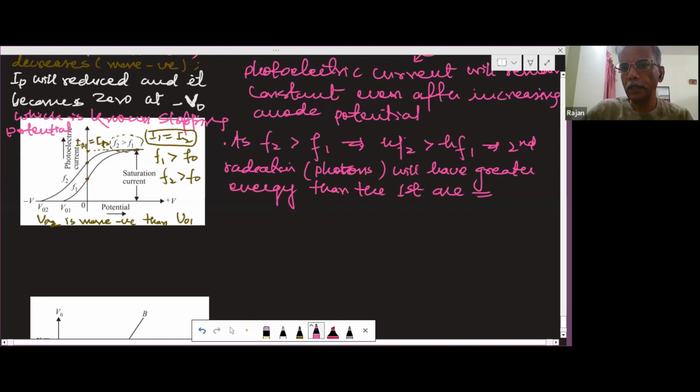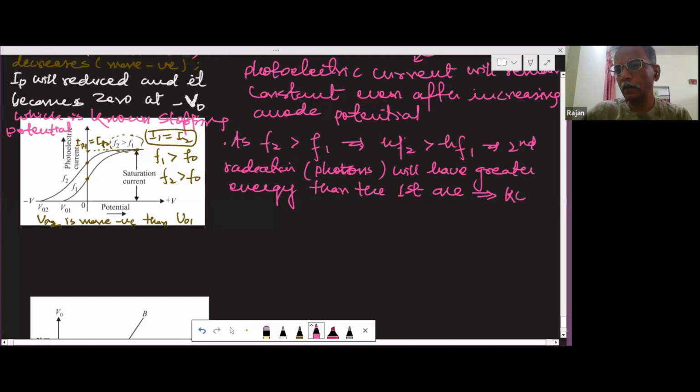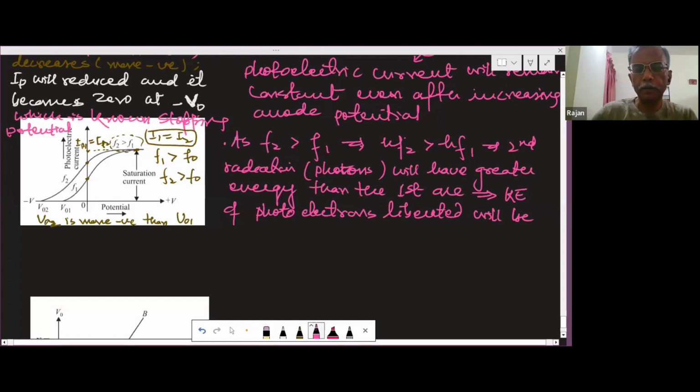If it is so, we can say that the kinetic energy of the photoelectrons liberated will be more in the second case, right? That we have understood.